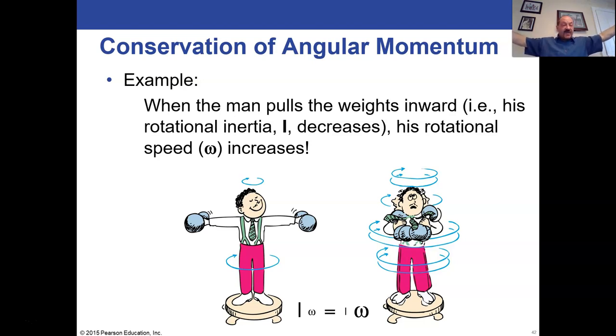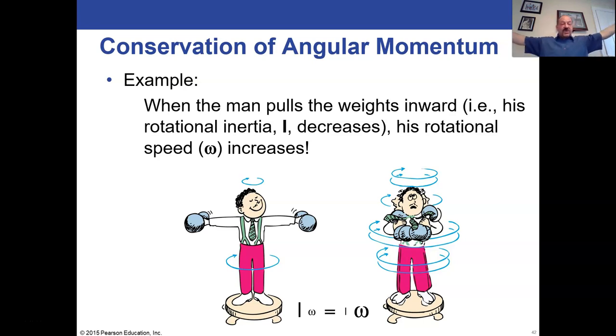So your rotational speed will go down. Remember, omega times I has to be a constant in this case, before and after. So if you're increasing your inertia, you're going to slow down. Your rotational speed will slow down.